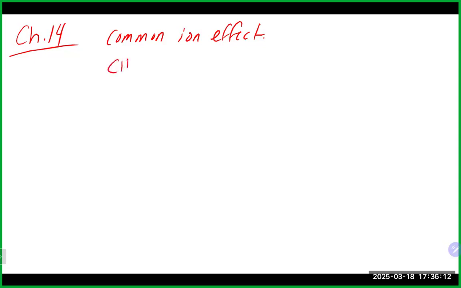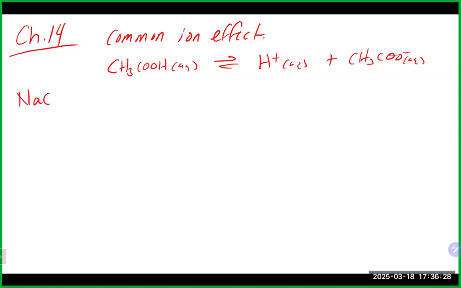For example, our acetic acid, when it goes in for a swim, will set up this equilibrium of H plus and acetate. And if you have acetic acid and you also add in a little bit of sodium acetate, which is a salt, because that's a salt, it will 100% break apart into ions in solution.